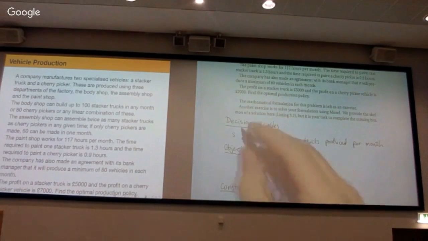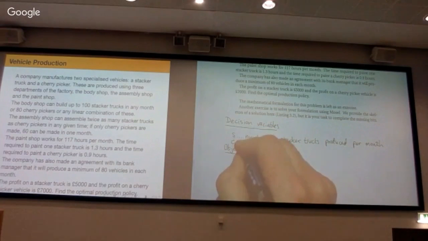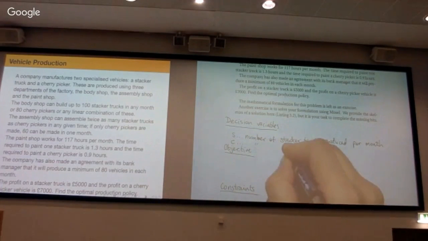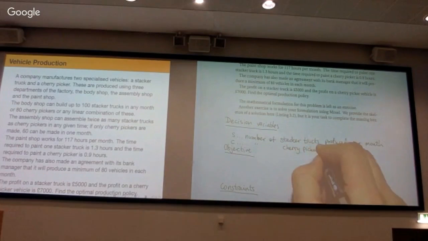And then C is the same. So it's the number of cherry pickers produced per month. Is that surprising? No.